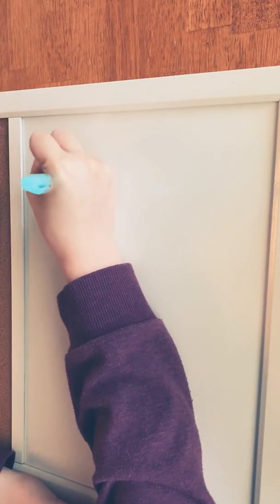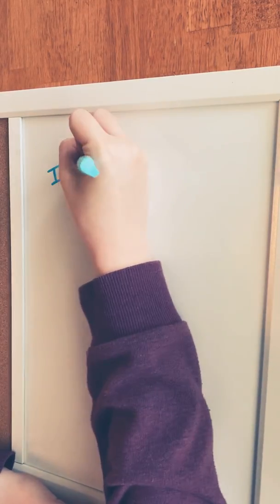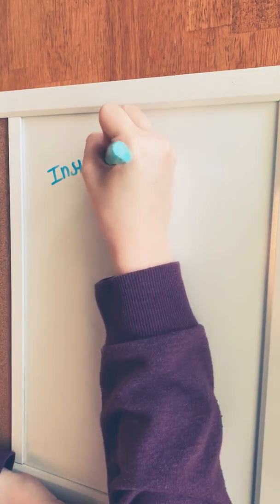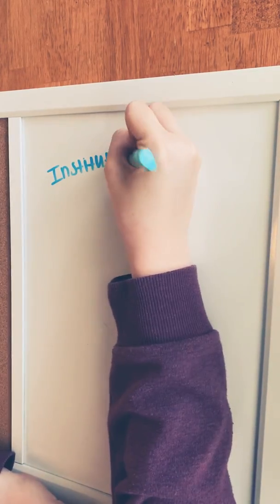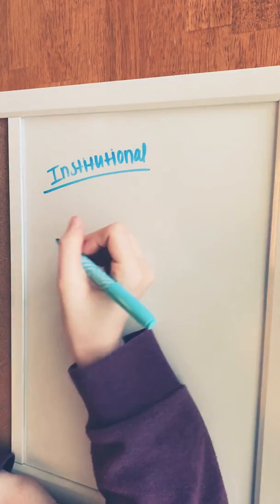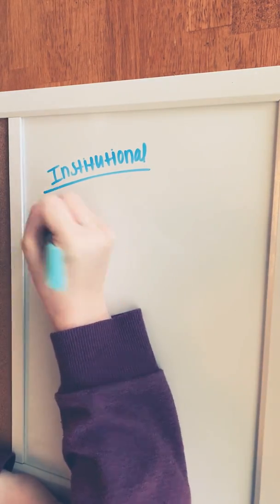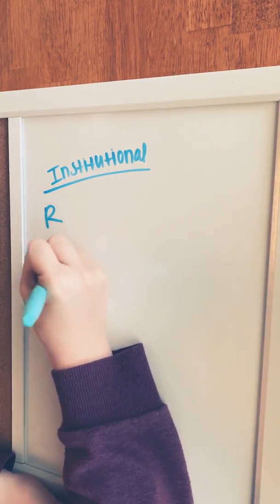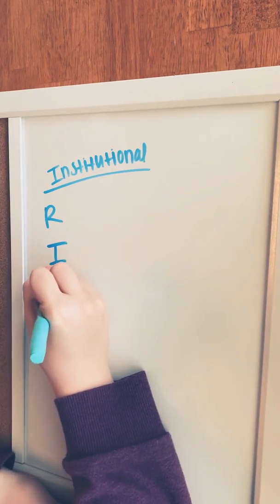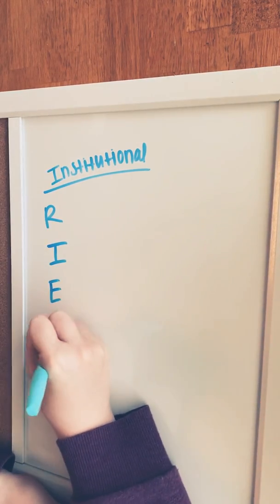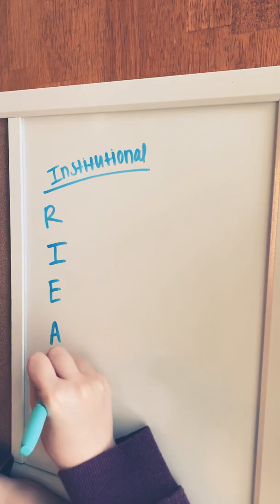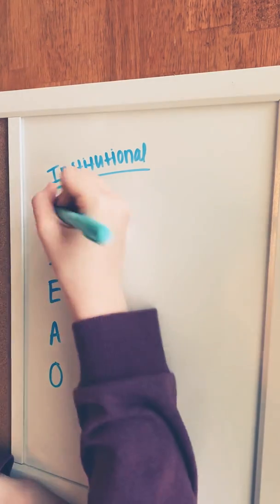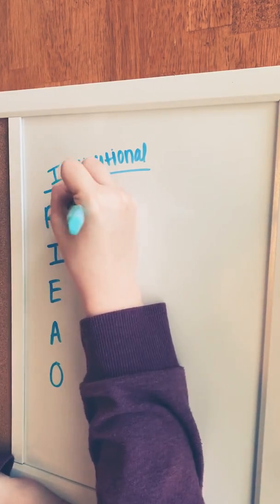Let us begin. So there are really 5 categories to the institutional powers. So we have R, I, E, A, and O. So R stands for ratification.